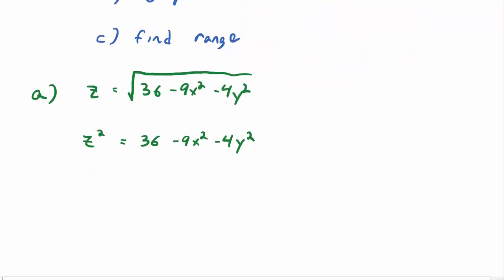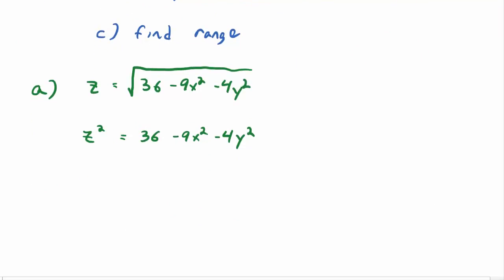Furthermore, any suggestions on how to make this very recognizable? Could I leave the 36 by itself? Yeah, okay. So you're telling me to move this stuff over to the other side. And I like that suggestion. Let's do that.